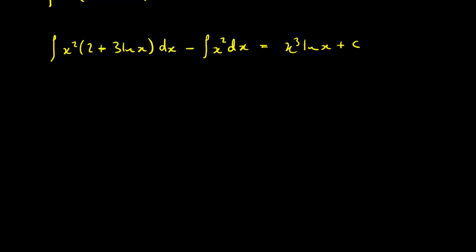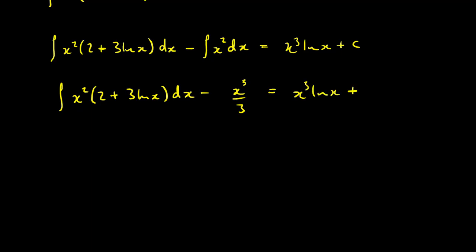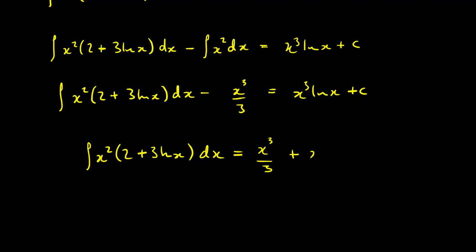So we get the integral of x squared bracket 2 plus 3 ln x dx minus x cubed upon 3 is equal to x cubed ln x plus c. Then I can move this across to the right-hand side. So I get the integral of x squared 2 plus 3 ln x dx is equal to x cubed upon 3 plus x cubed ln x plus c.